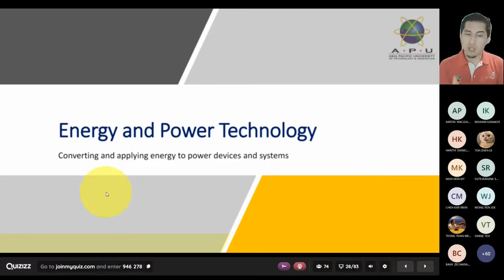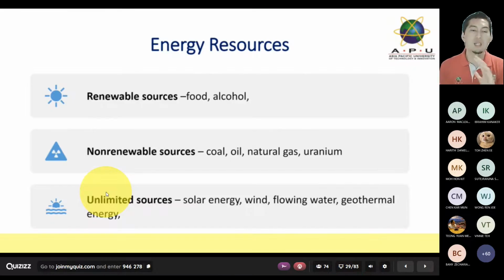A lot of these areas are related to energy and power because energy and power relate specifically to sustainability. So this is an area worth looking into simply because a lot of opportunities can come out of it.